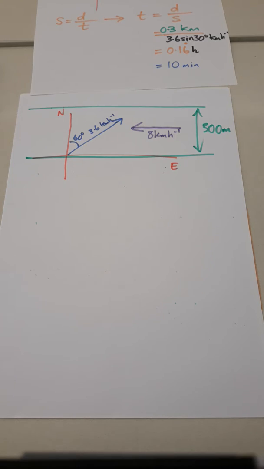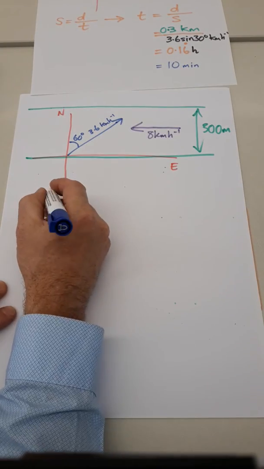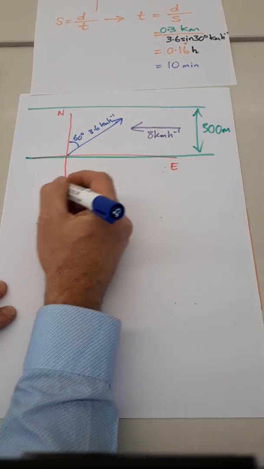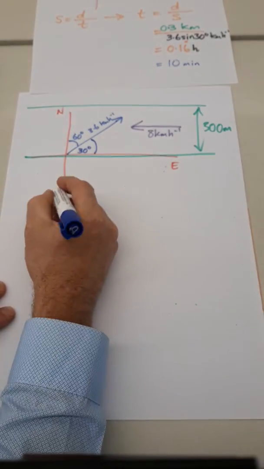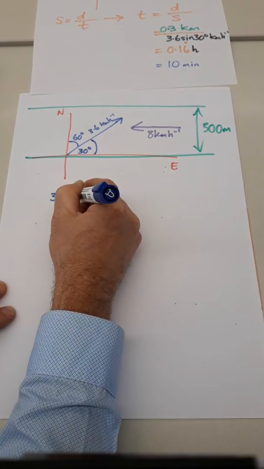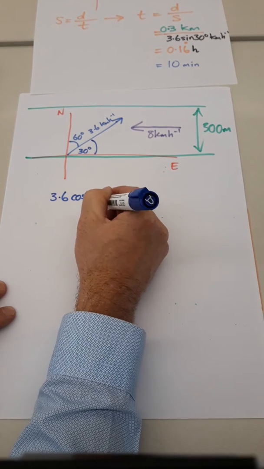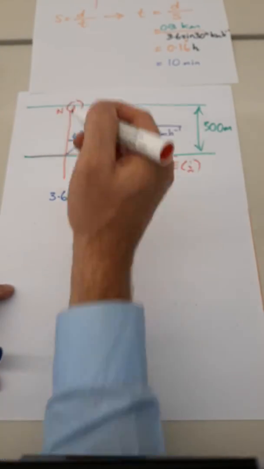So his vector, this one here, which is his swimming vector, would be in this direction, say that, I'll just write 30 degrees in there. Going this way, it would be 3.6 cos 30 degrees. Now, what am I saying is I'm going to say that the easterly direction is the x-axis and the northerly direction can be the y-axis.